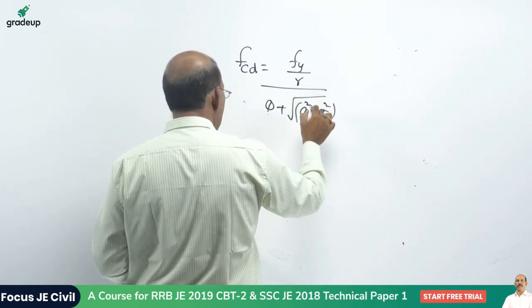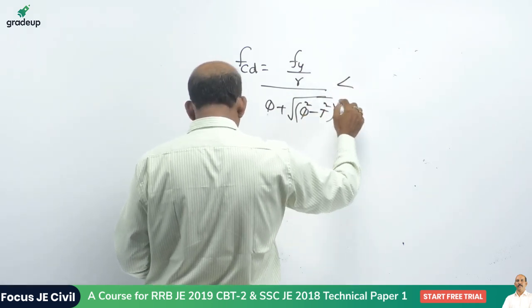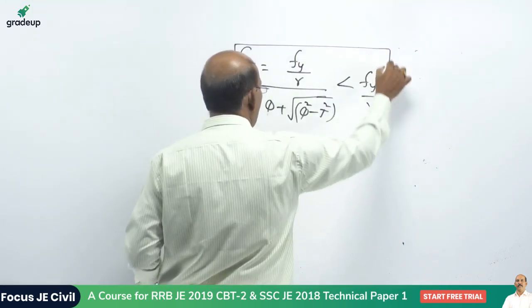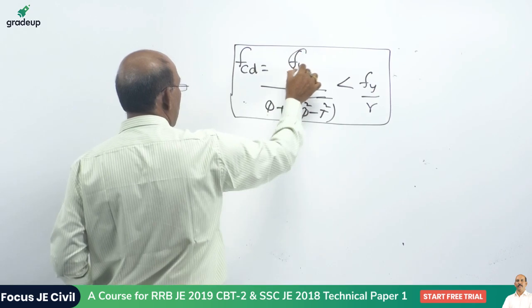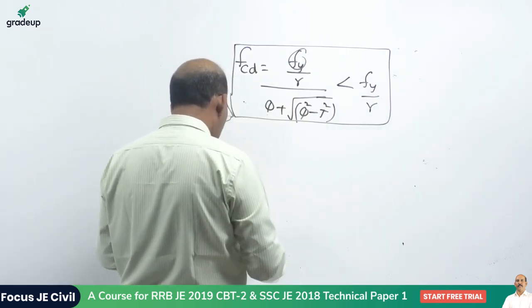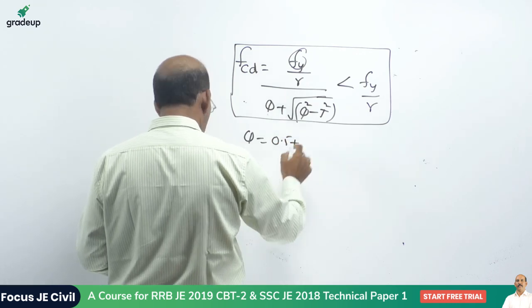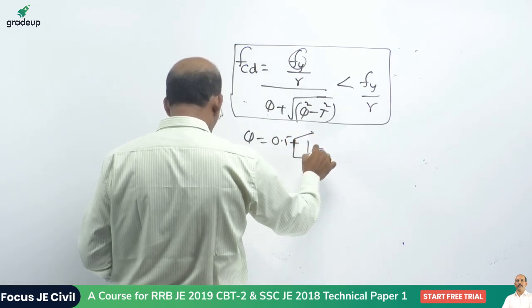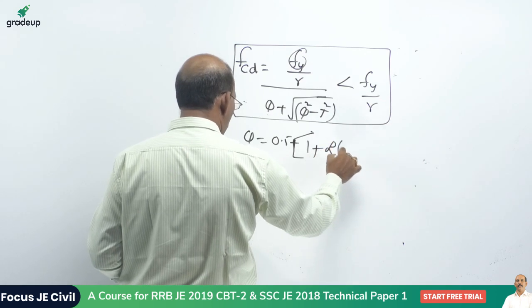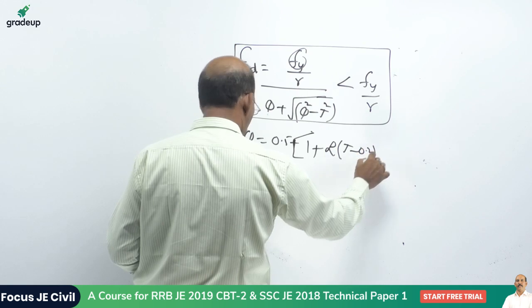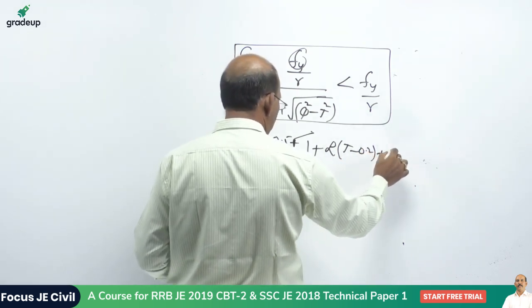This should be less than Fy divided by gamma, which is the stress consideration and the yield stress. And phi is given as 0.5 into 1 plus alpha into lambda minus 0.2, plus lambda square.